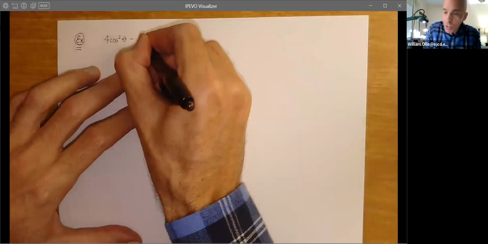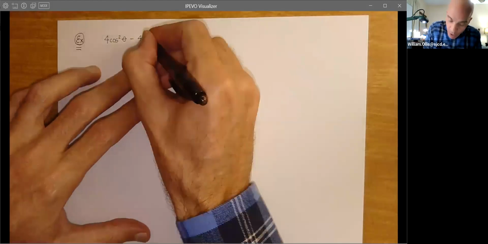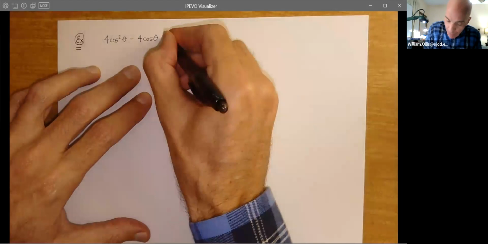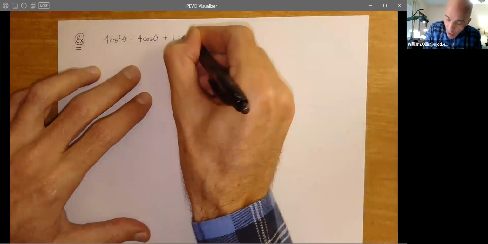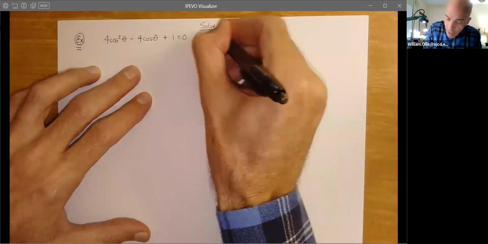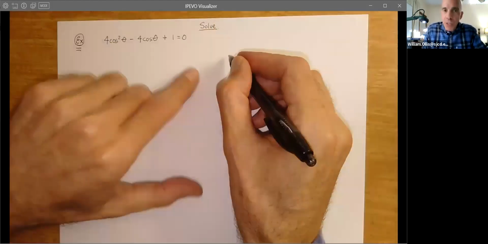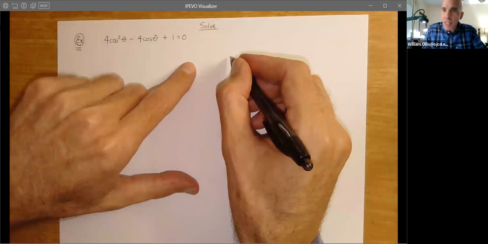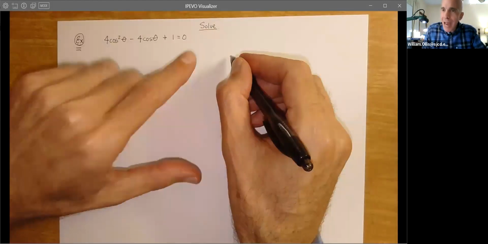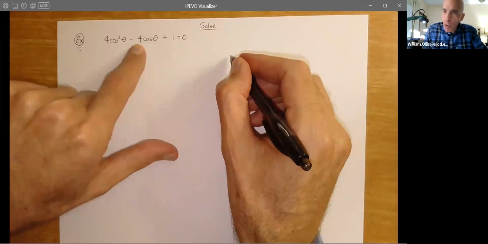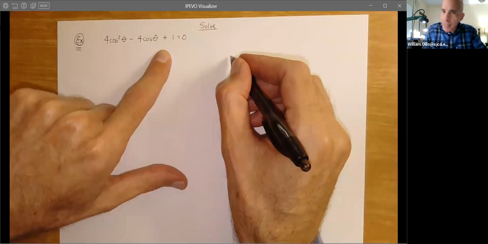So we have 4 cosine squared theta minus 4 cosine theta plus 1 equals 0. Now, again, this just says solve. So when it says solve, that means all solutions. Just like with the logs and the exponents, we use algebra. When you look at this, it looks like a perfect square, or we could just use Professor Rana's AC lemma.